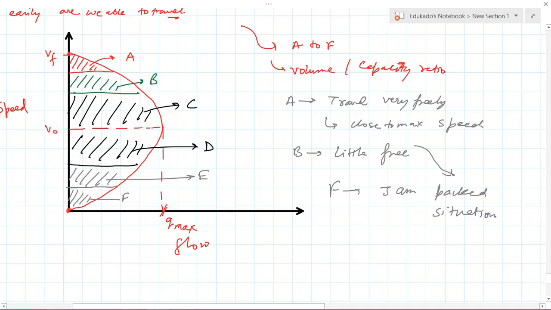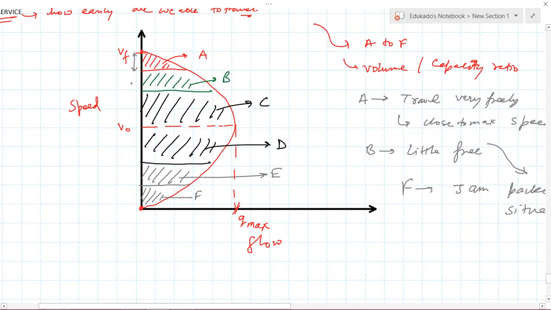Alright, so you can see that in the section A, the value of speed is much higher. So over here there is no restriction, you can just flow it out, and the value of flow is also less. In B, you see the speed is coming less and the value of the flow is coming more, so there is a little less freeness.